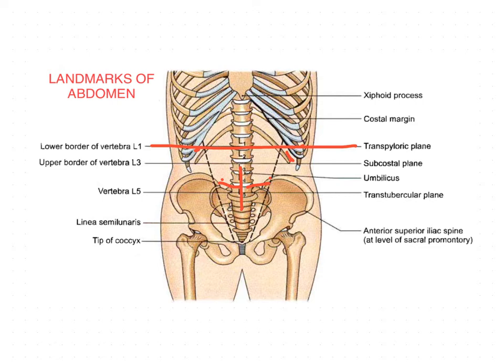Three transverse furrows may be seen crossing the upper part of the rectus abdominis, corresponding to the tendinous intersections of this muscle.